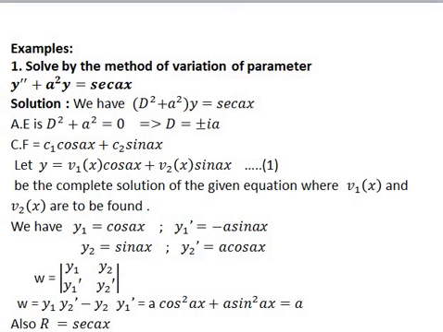On cross multiplication, cos ax into a cos ax is a cos square ax, and minus into minus gives plus a sin square ax. By taking a common, cos square ax plus sin square ax is 1 by the trigonometric identity, so a into 1 is equal to a. Also, the right hand side of the given equation, r, is equal to secant ax.